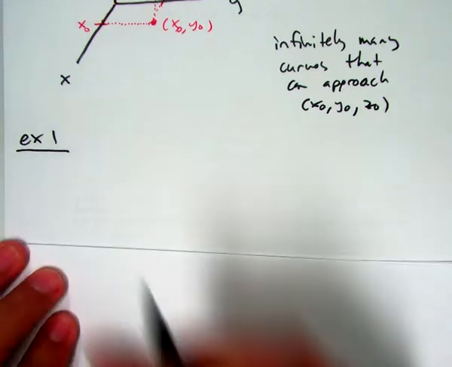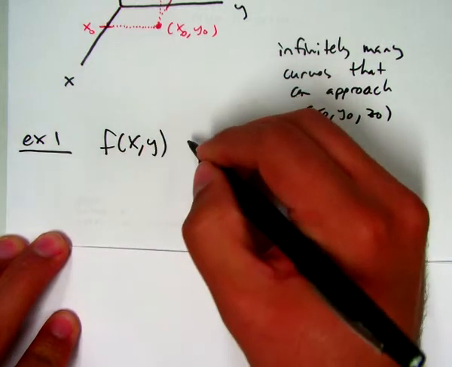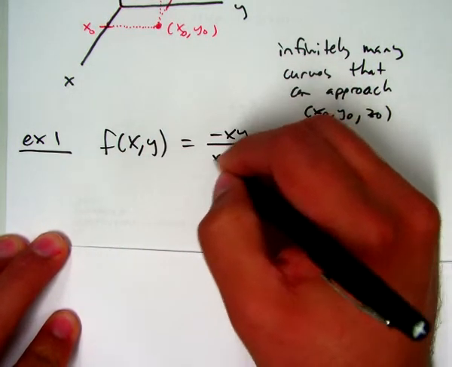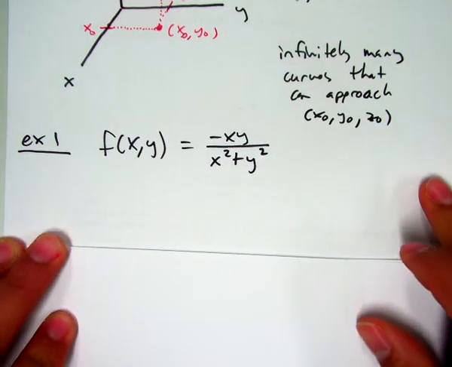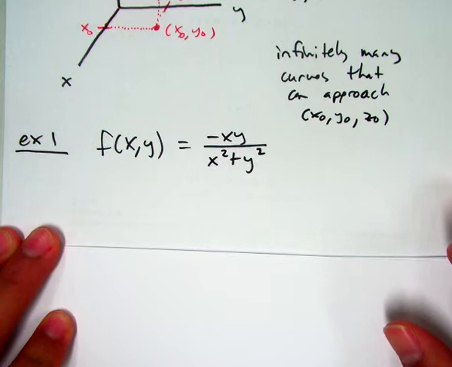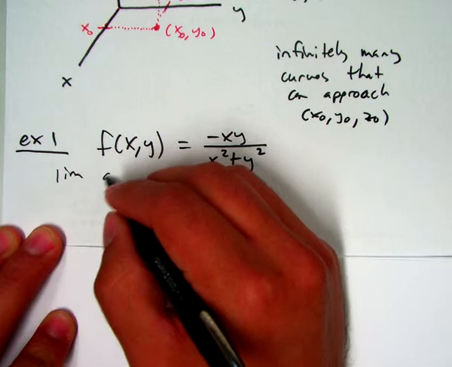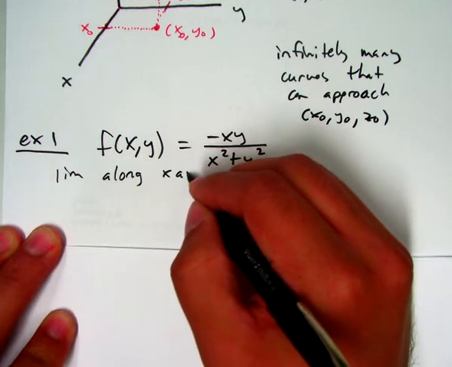Let's say we have f of x y equal to negative x y over x squared plus y squared. And let's just see if we can find some limits along specific directions first. So let's find the limit along the x-axis.